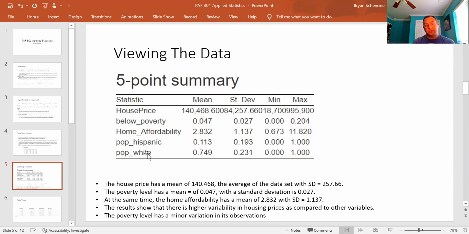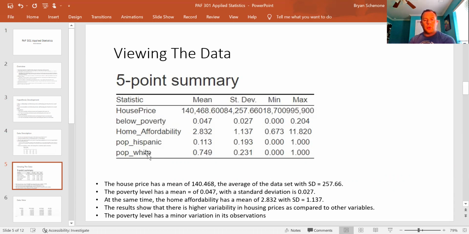We can look at our 5-point summary. Our mean house price is $140,000. Average data set with a standard deviation of about 257.66. Poverty level has a mean of about 0.047. Standard deviation on that is 0.027.